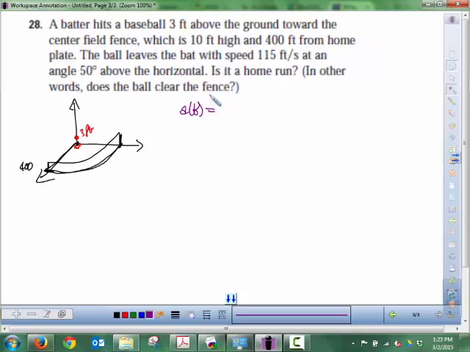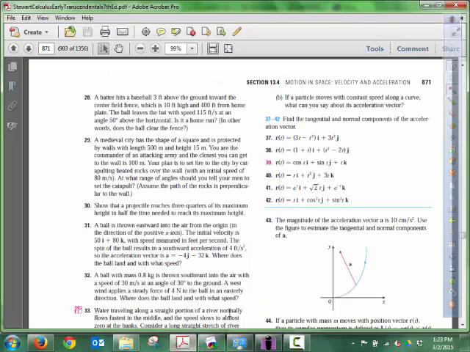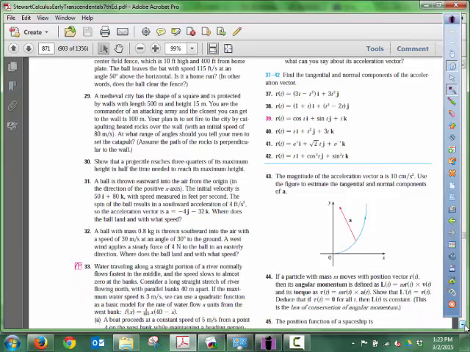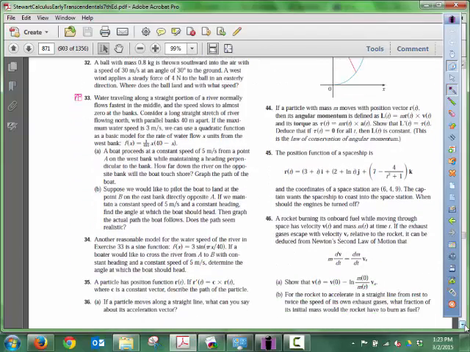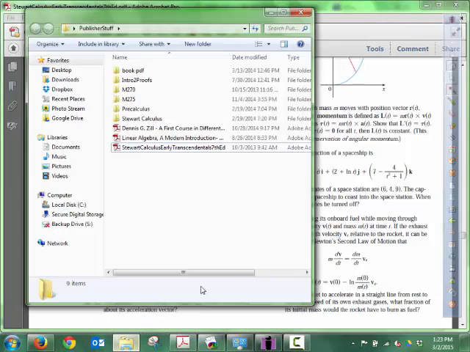New example? Well, let's see if I can find an old example.